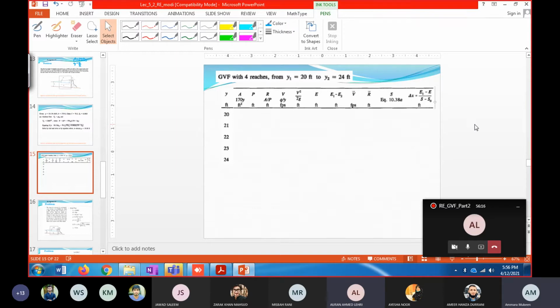And if you can attach the Excel sheet, it would be very good. Okay, ma'am, sure. But you have to copy the answers from the Excel sheet into this table manually. Okay, ma'am. It would be very nice of you if you also share the Excel sheet, so it would be beneficial for me too.